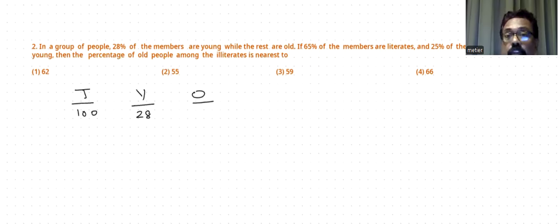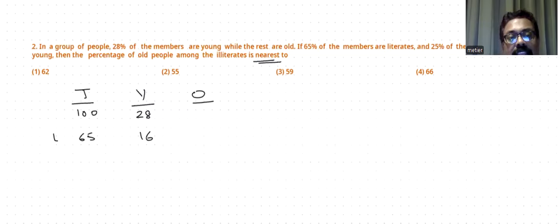No unnecessary calculations. Now, 65% of the members are literate. So out of total, 65 are literate and 25% of the literates are young. So 25% means 1/4. 1/4 of 65 is very close to 16. It is actually 16.25. We can easily go for 16 because the question asks for the nearest value. Next.